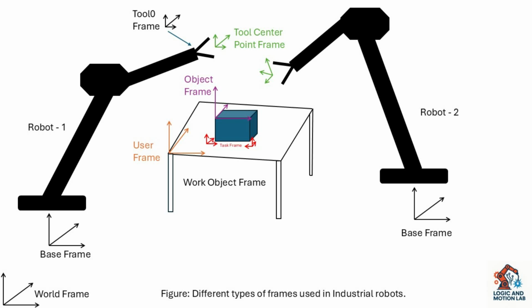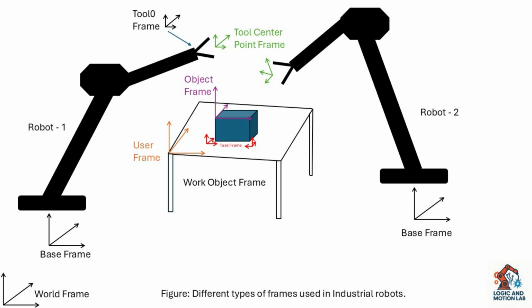For example, if you have an idea about a CNC turning machine, when it starts to turn, in the X and Y axes it's free to move, and in the Z axis it will do the turning operation.